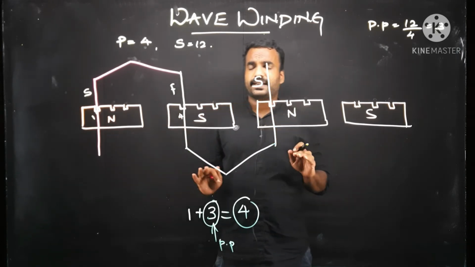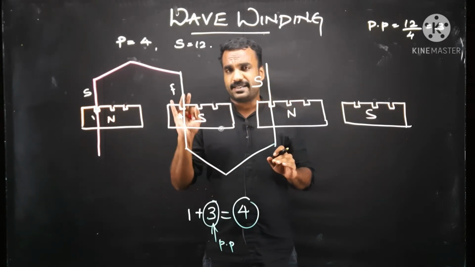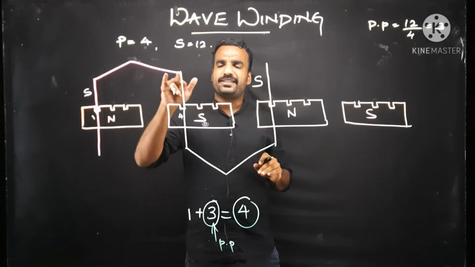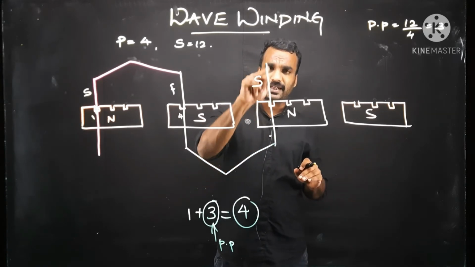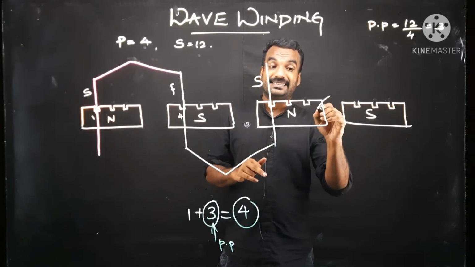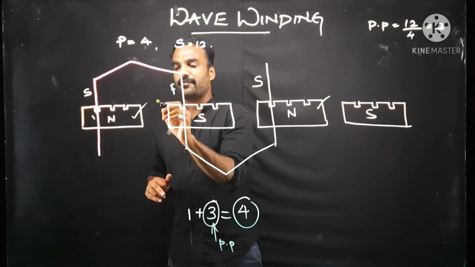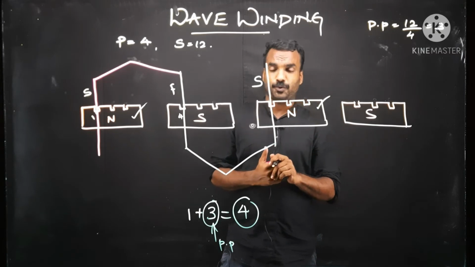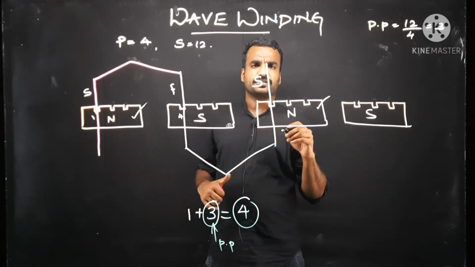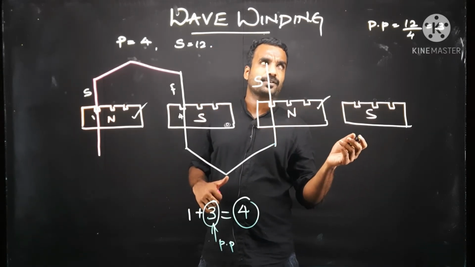So I will once again tell the definition. Wave winding is a winding in which finishing end of first coil is connected to beginning end of second coil under adjacent north pole. This was the first north pole, but now we are moving to the adjacent north pole. Of course, where do I place the finishing end of the second coil?